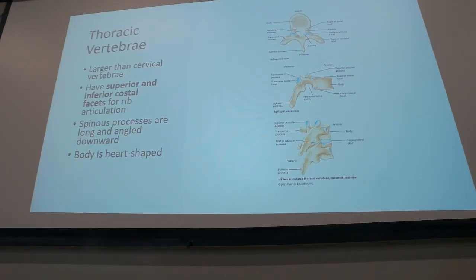Then of course you can see here between these two thoracic vertebrae this intervertebral disc that maintains the separation that is needed so that you don't have body-to-body friction. Then the body is typically described as having a heart shape.